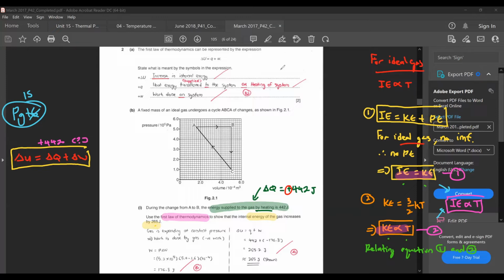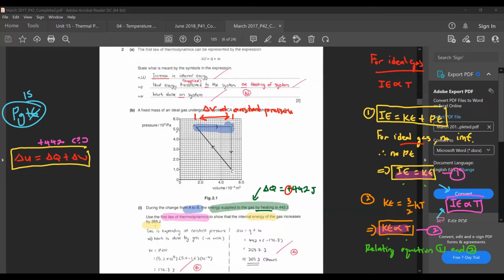So the process that I'm describing to you here is actually from A to B. A to B is this one. Notice that from A to B, there's actually a change in volume at constant pressure.